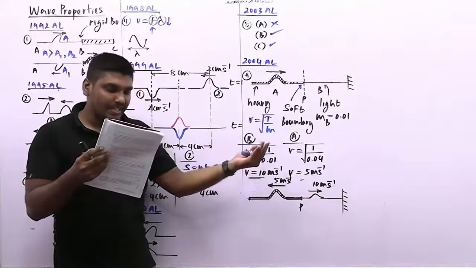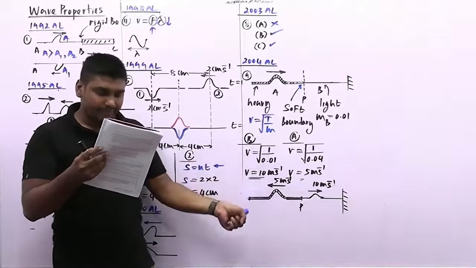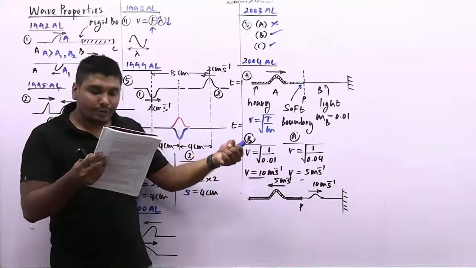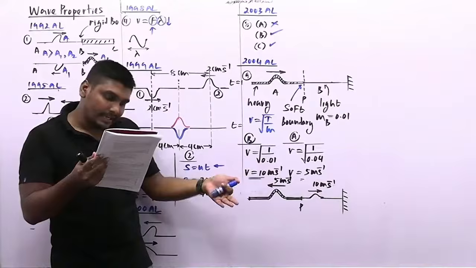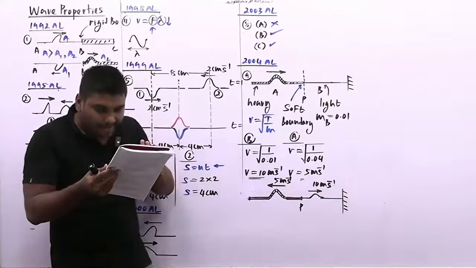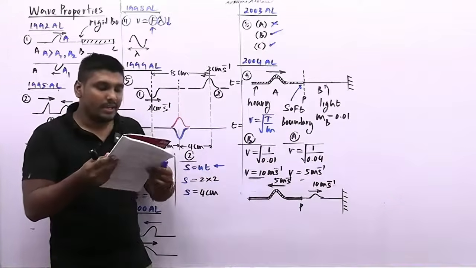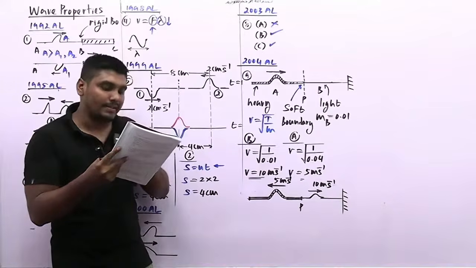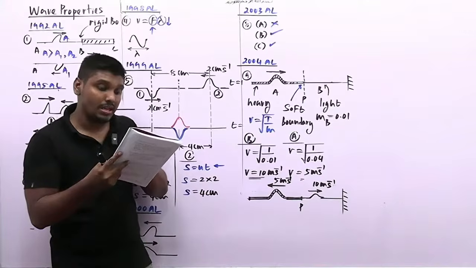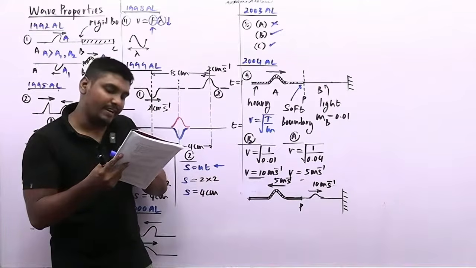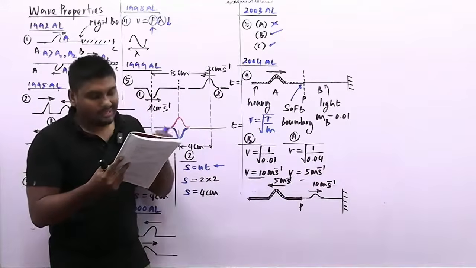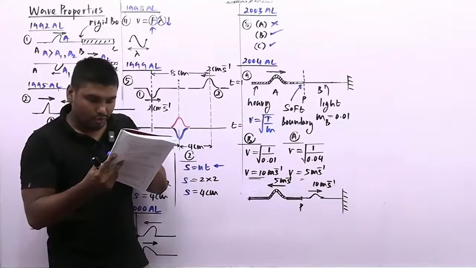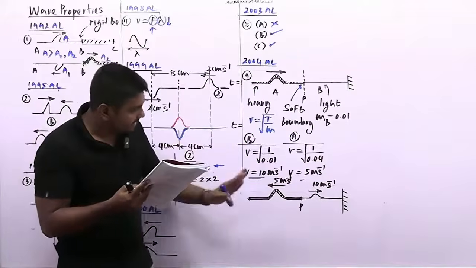The composite string is first pulled by hand to create a tension of 1 Newton, and then a pulse is created at the free end of A. After the pulse has reached the point capital P, option 1: a non-inverted pulse would have travelled along B to the right with a speed of 10 ms minus 1.